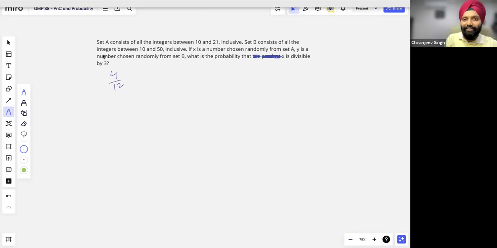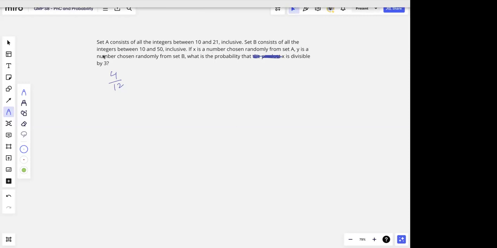Only कहाँ बोला है? So in this scenario, what will we take for y?